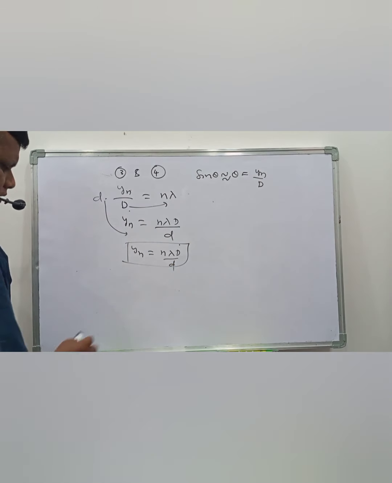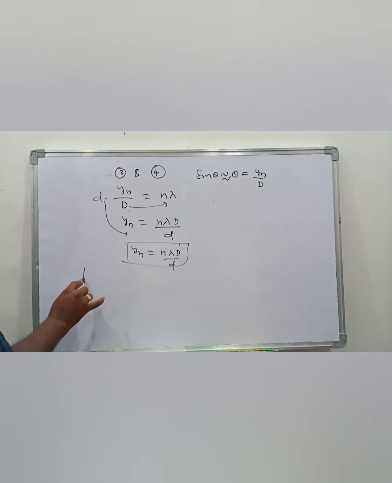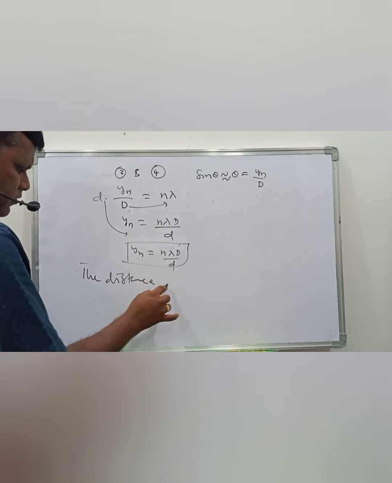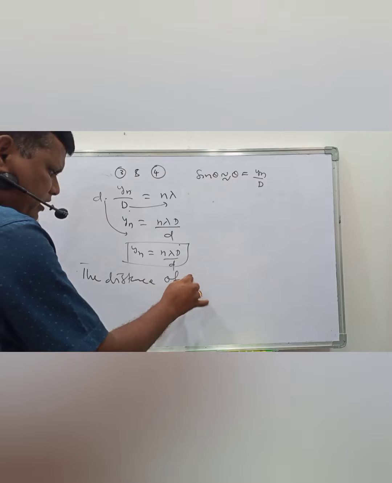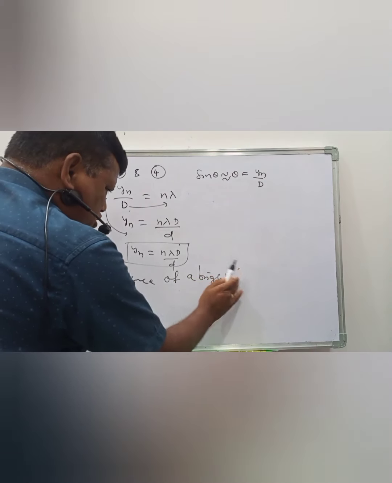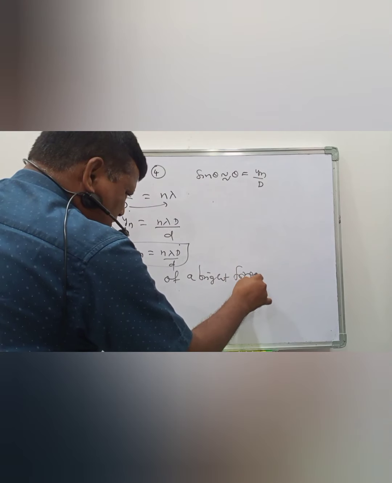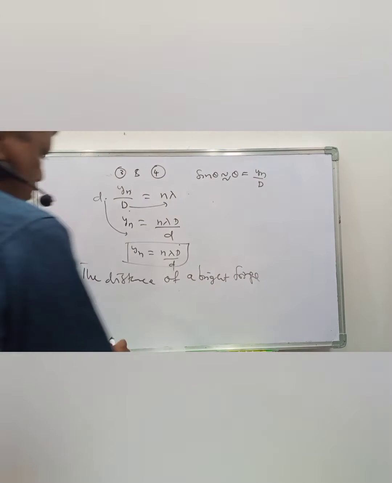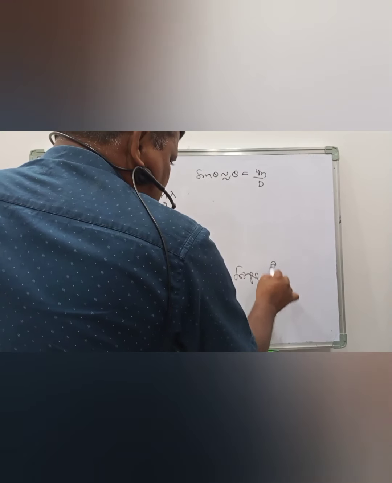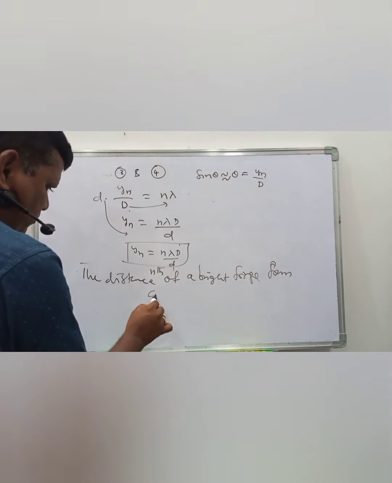Now I am giving the same equation: the distance of the nth bright fringe from the central maximum.